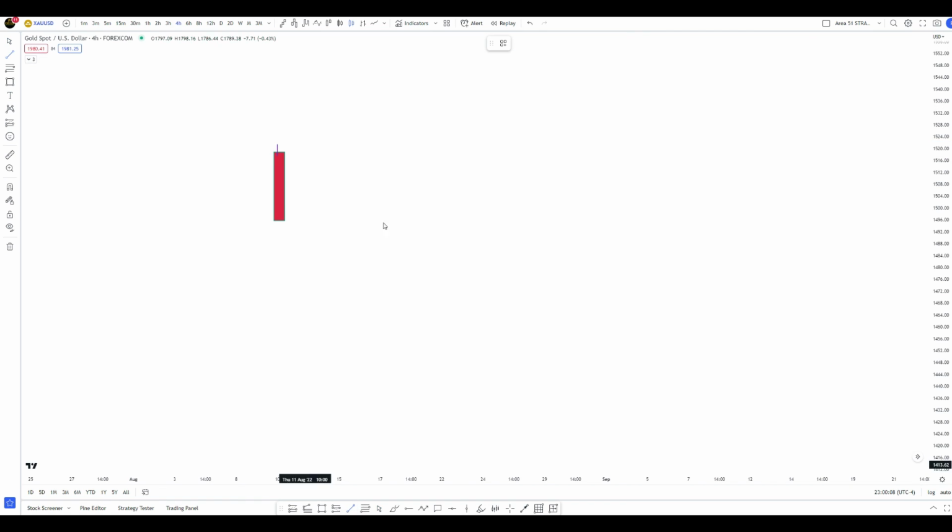A lot of traders don't worry about the wicks, but the wicks tell you the high and the low. So this is a downtrend impulsive drop, and we have another candle dropping again.